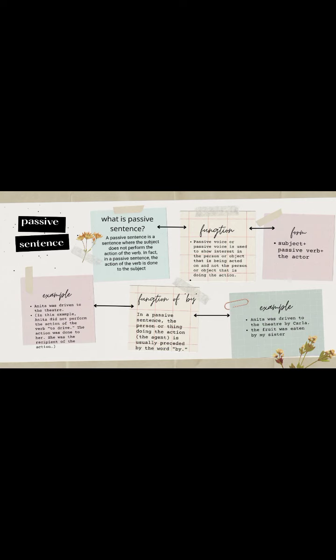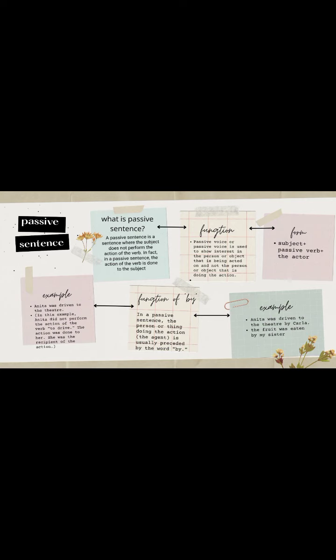So, this example relates to my explanation before, that a passive sentence is a sentence where the subject doesn't perform the action of the verb. Anita is the subject of the example, and the verb is to drive. So, it's related to the explanation about what is passive sentence. That's the example that I can give to you guys.